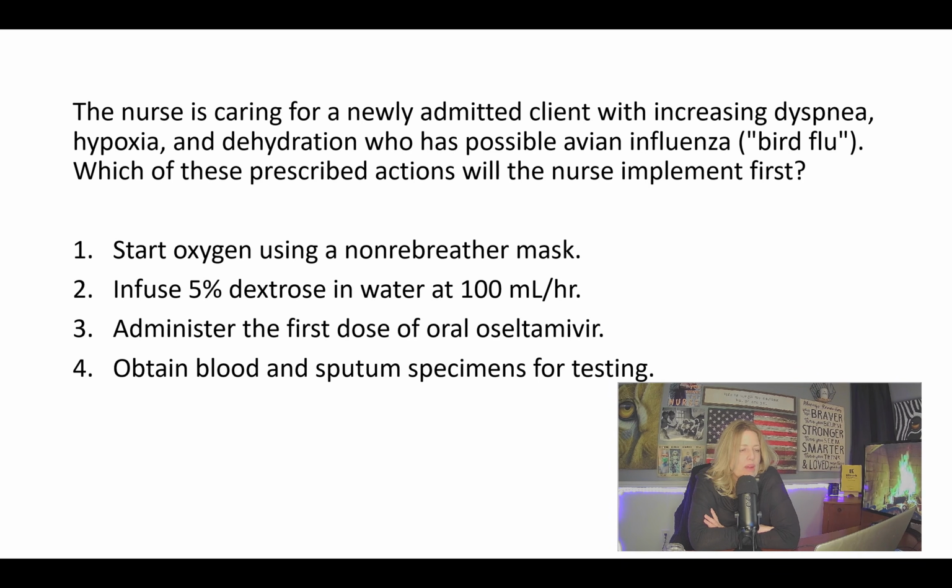And you might say, well, why wouldn't we administer the first dose of oral oseltamivir? Because, well, first of all, it's possible avian influenza. And second of all, we have a clear, objective, high-priority problem that we have to address first, and that's the hypoxia. So we have to do that before we do anything else because that is the clear, objective physiological problem.